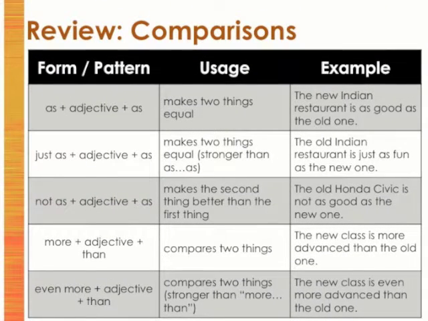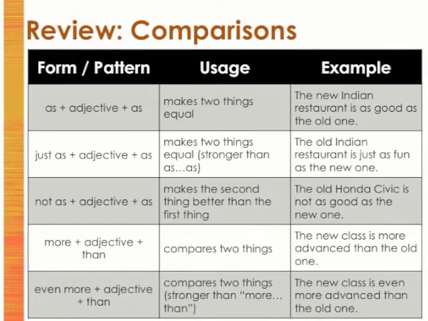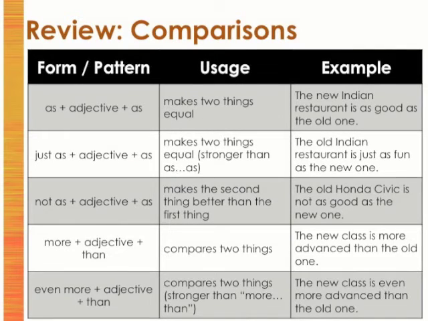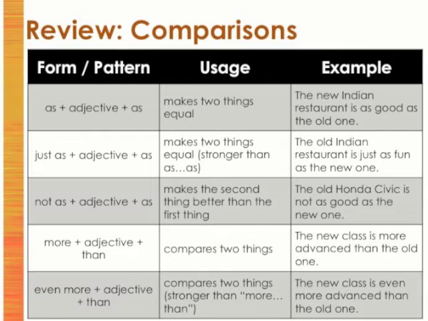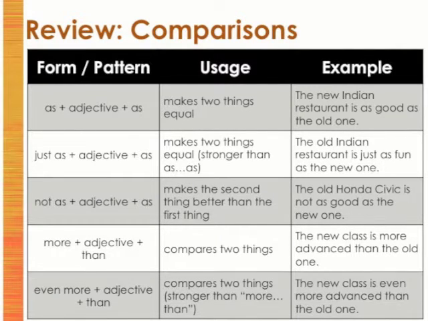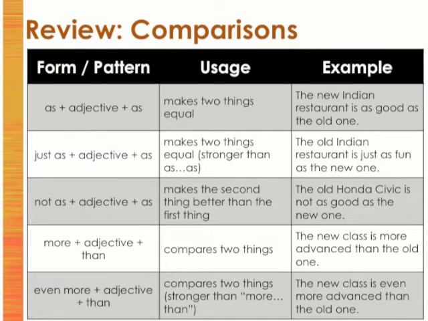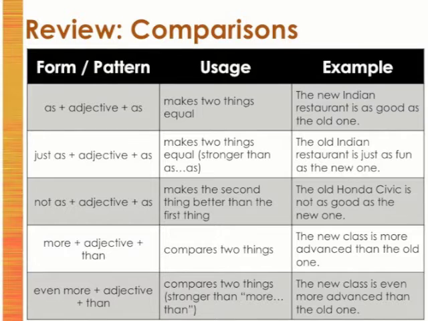Here we have a review chart. On the right we have the form and the pattern, then we have the way you use it in the middle, and then we have an example sentence. So on this slide we have as plus adjective plus as makes two things equal. The new Indian restaurant is as good as the old one.